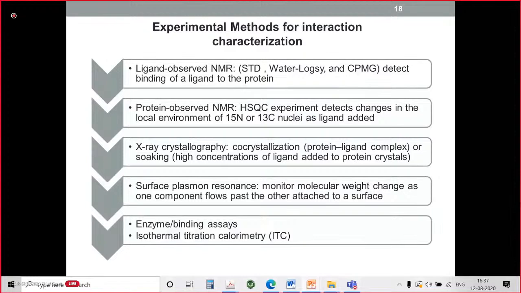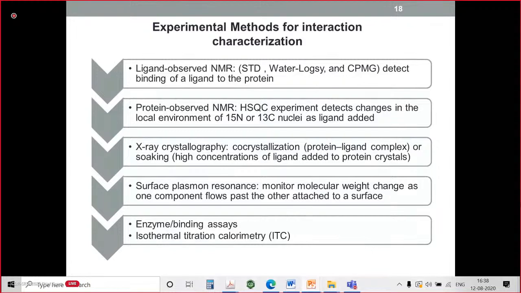So this can be used as a technique for finding the interaction of the ligand with these polar bonds, like nitrogen and hydrogen.